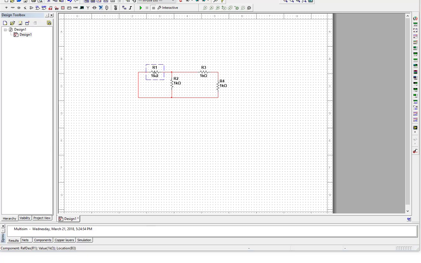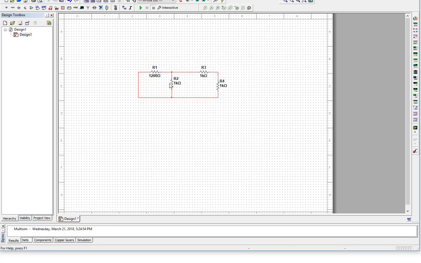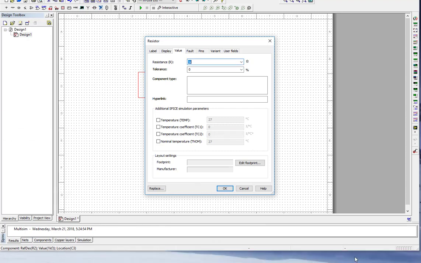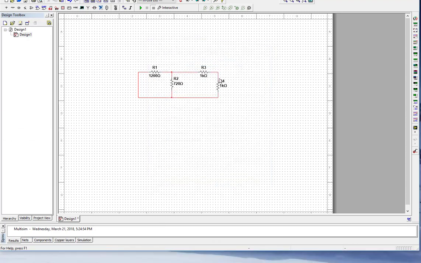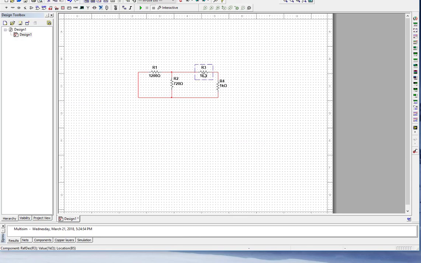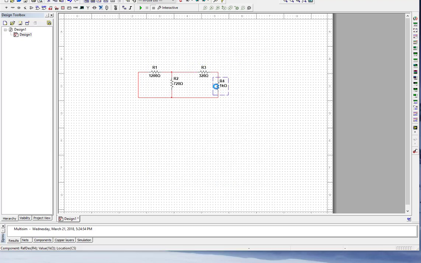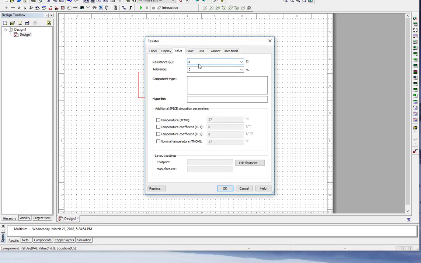Like this. This was 1200 ohms, this was 720, while the other two were 320 and 480.